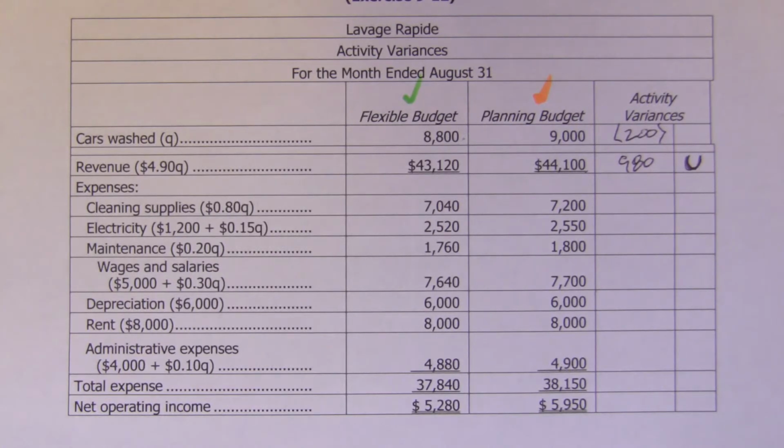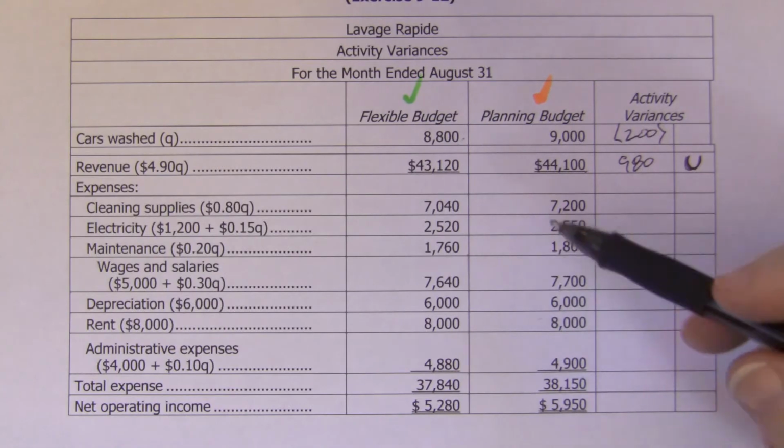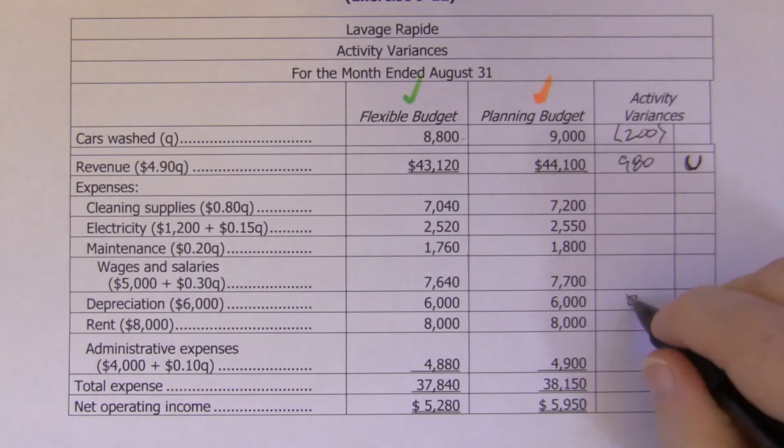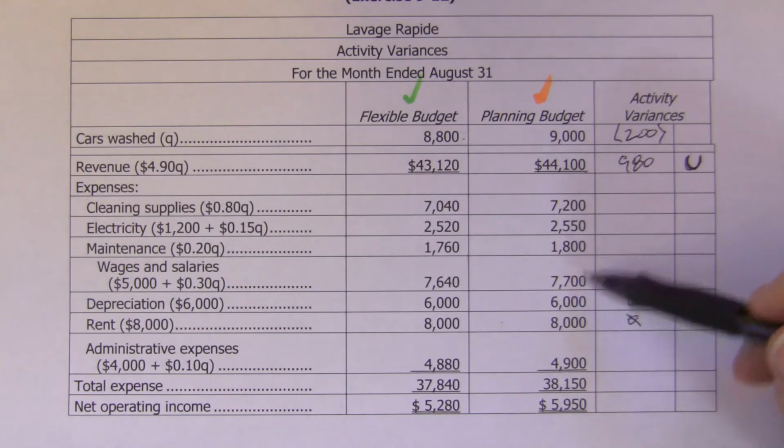But wait till you see what happens here, because it's really kind of weird. We made less money, absolutely, because we did fewer cars. But take a look at all of our expenses. With the exception of the fixed cost, all of the expenses went down.